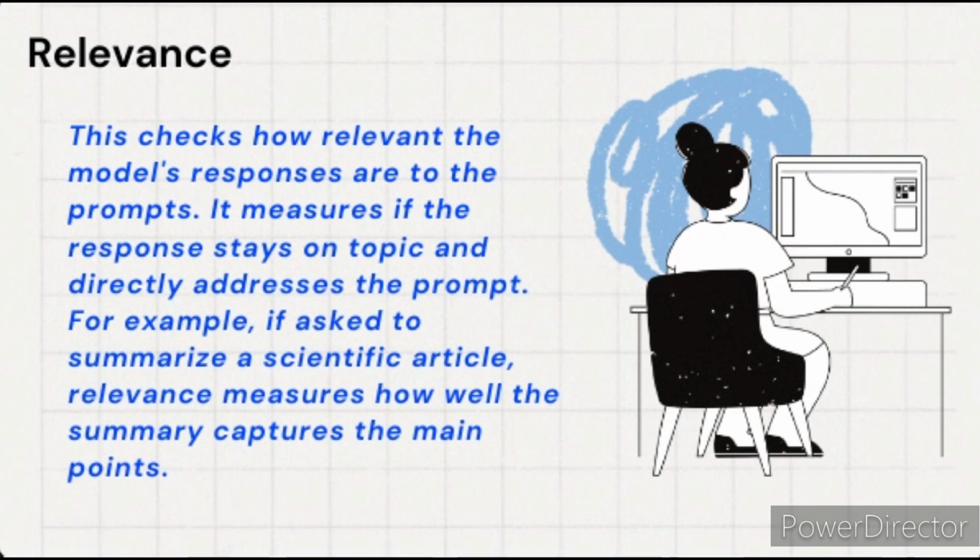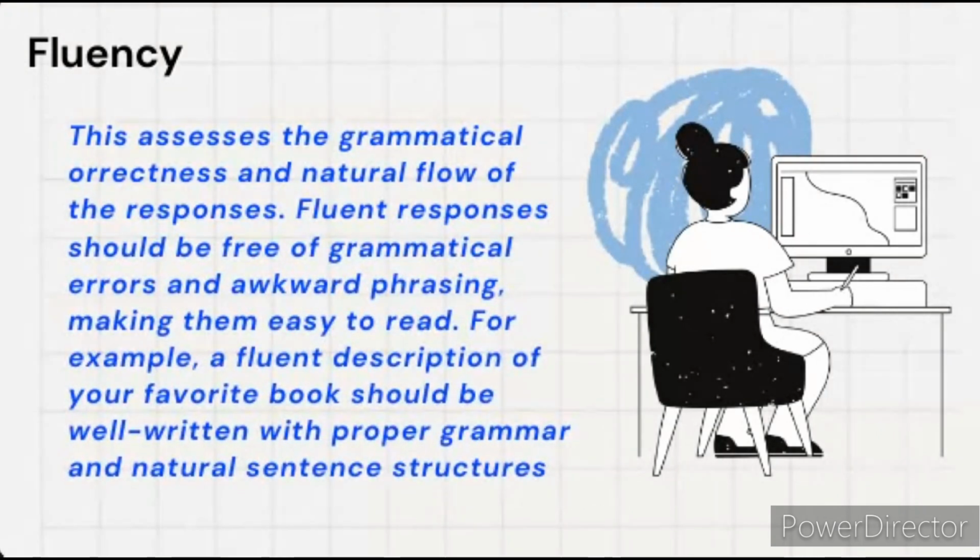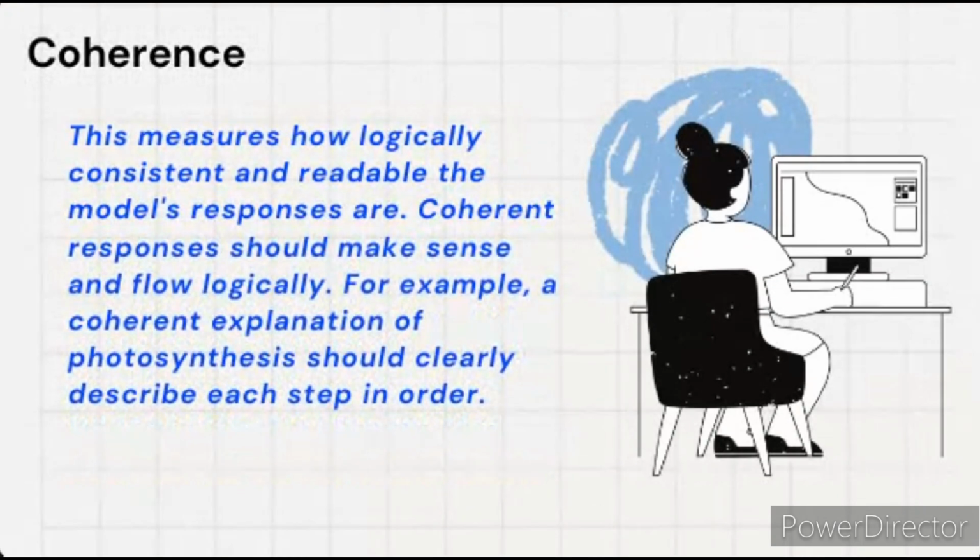Coherence. This measures how logically consistent and readable the model's responses are. Coherent responses should make sense and flow logically. For example, a coherent explanation of photosynthesis should clearly describe each step in order.